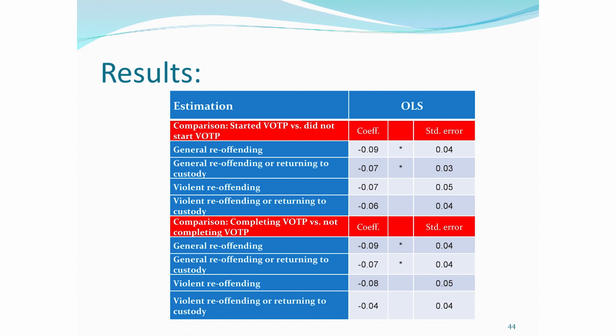A typical reduction would be 9 or 10%. So you're getting good results there. If you look at the completing VOTP versus not completing VOTP, once again, you're getting significant effects, and they're all in the right direction. I mean, all the results are in the right direction, which is hugely encouraging.